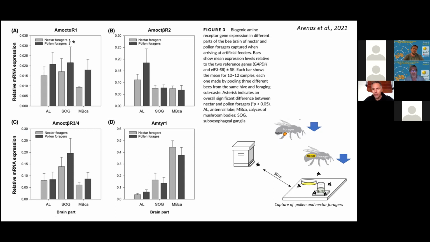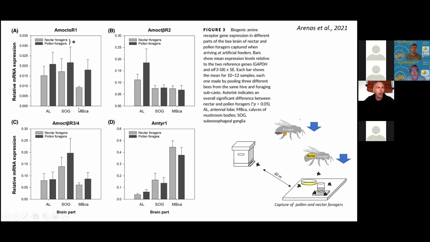In this experiment, we analyzed gene expression of different octopamine receptors and thiamine receptors in different parts of the bee brain. In this case, the focal bees were nectar and pollen foragers arriving at a feeder, quite similar to what I already showed in the experiment.